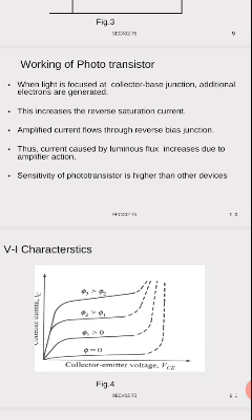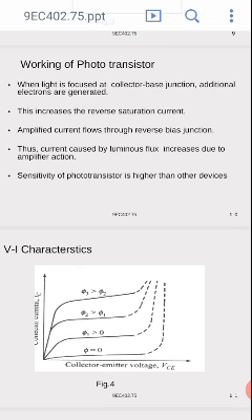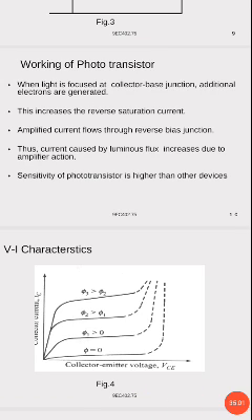As we go on increasing the flux or light intensity, the collector current goes on increasing. It is the VI characteristics of phototransistor.